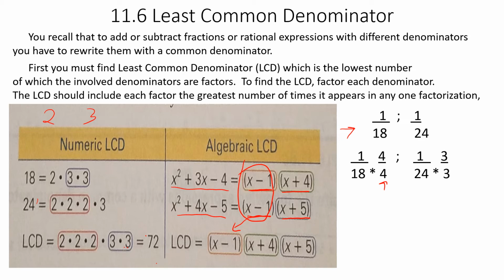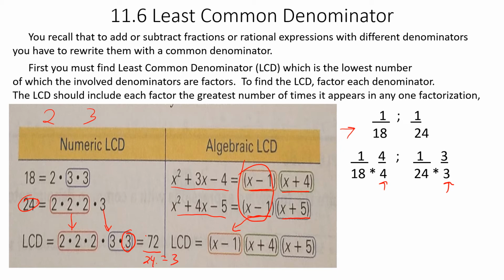All right, so now we're looking at the 24. We're going to look at 24 and compare it to our LCD. The LCD has the 2. It has one of the 3's. What it doesn't have is the second 3. So that's why they ended up multiplying this fraction times 3. Or another way to do it is you can say here's the LCD, divide it by 24, and you would end up with 3.